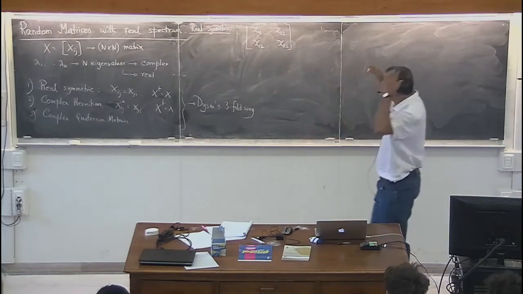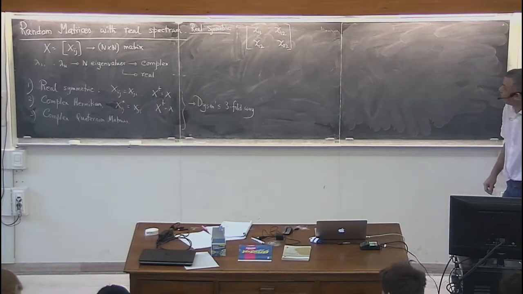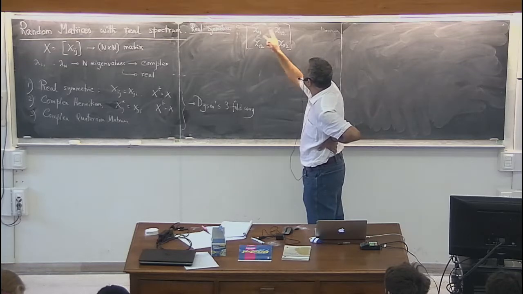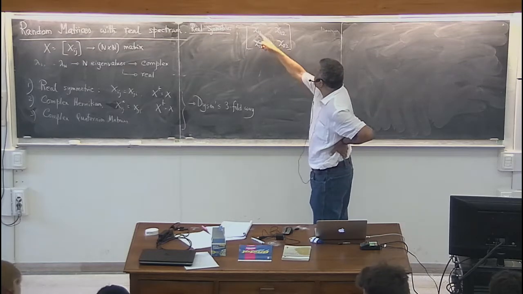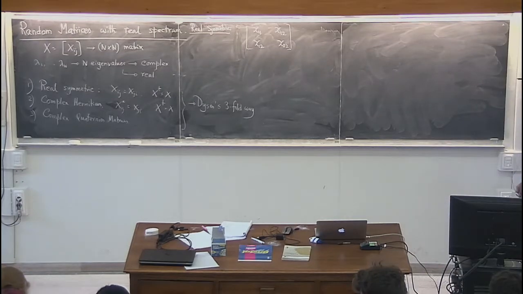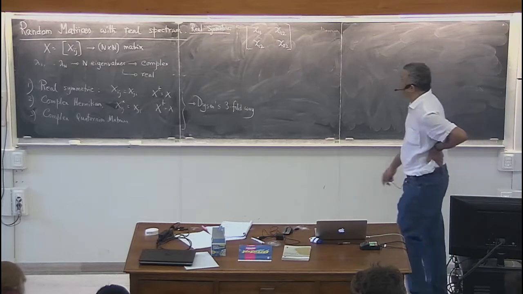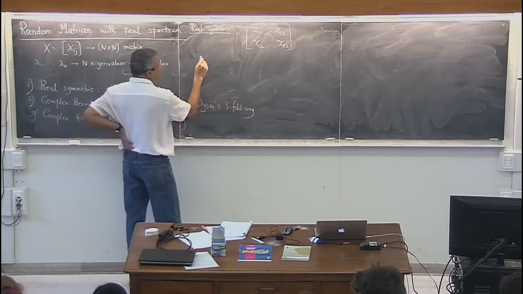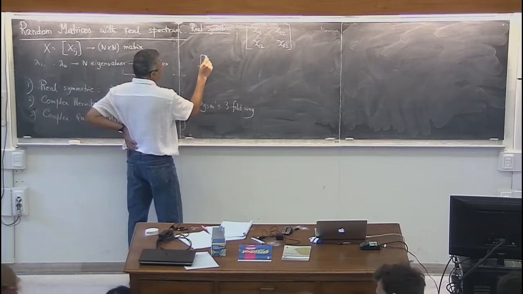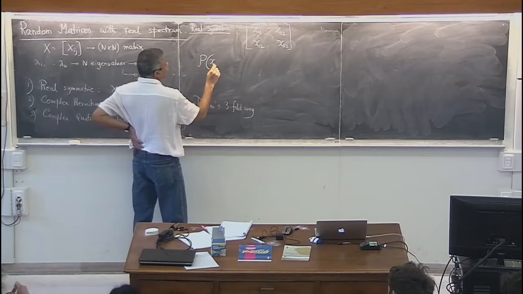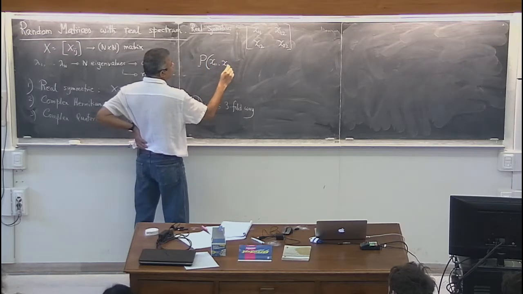In general, in your mind, you can do the n by n generalization trivially. Because it's symmetric, all I need to specify are just the three entries, x11, x12, x22. The whole problem of random matrix theory is that you want to assign some statistical distribution to these degrees of freedom.